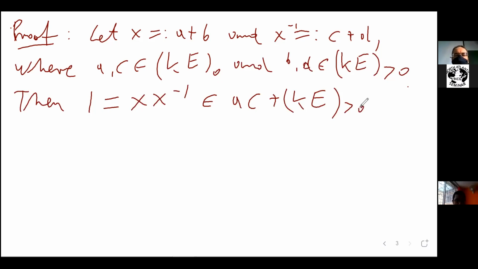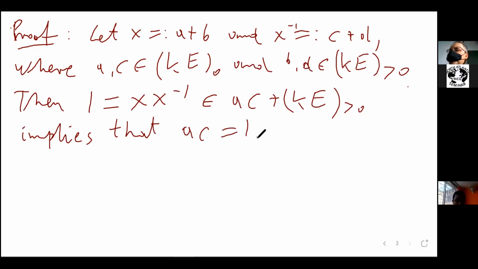Right? But then when you look at this equality, because 1 is of course beyond the arrow ideal, you must have that A times C is equal to 1. Okay, so this is the conclusion we want to draw. So it implies that A times C is equal to 1.